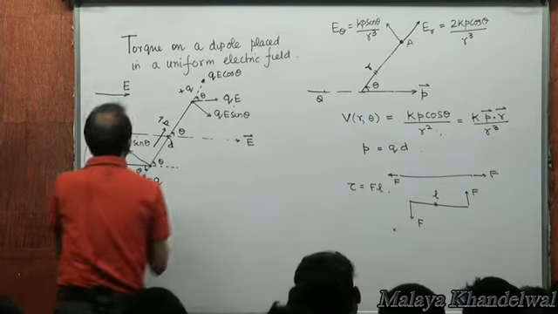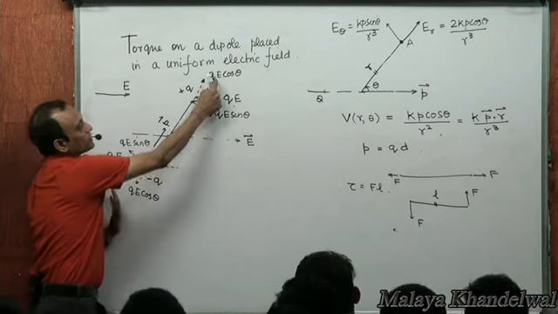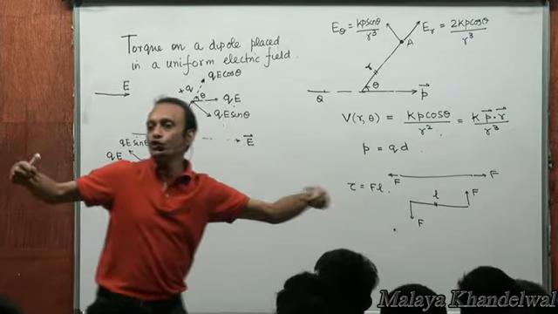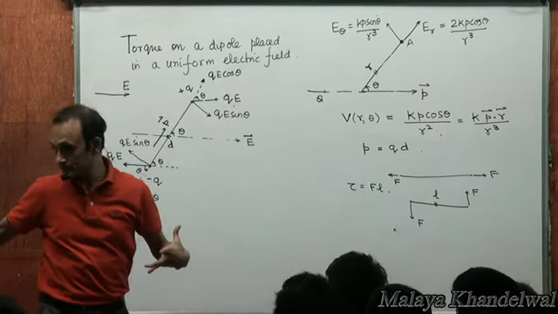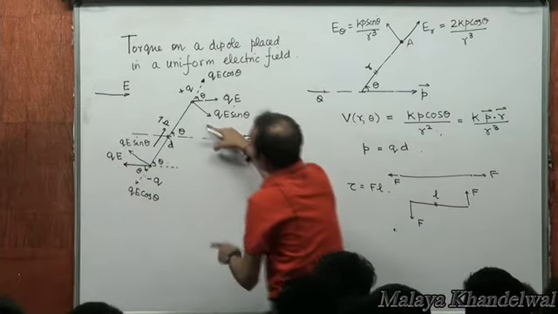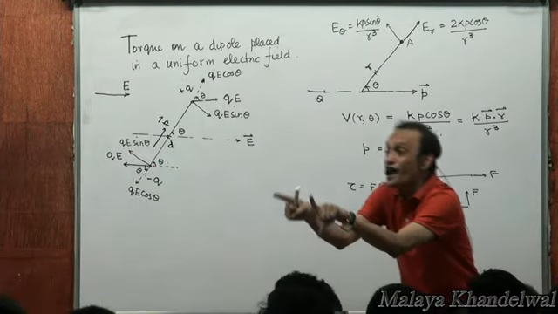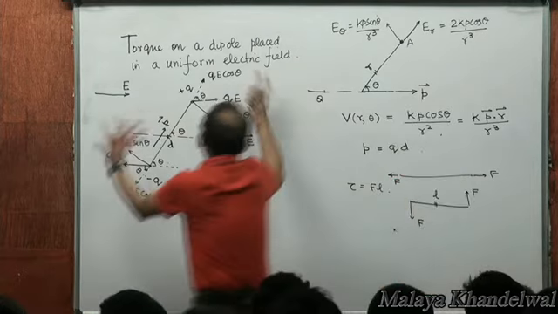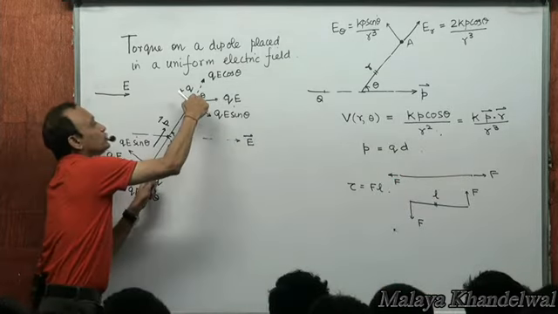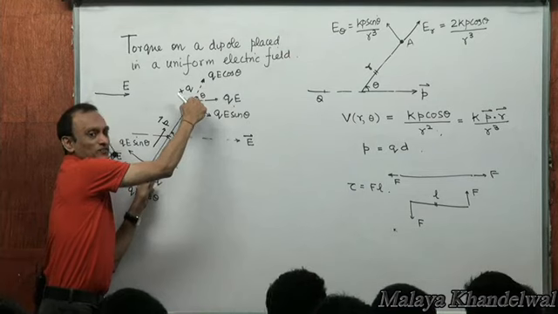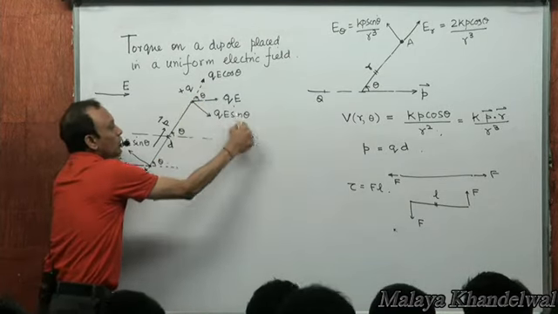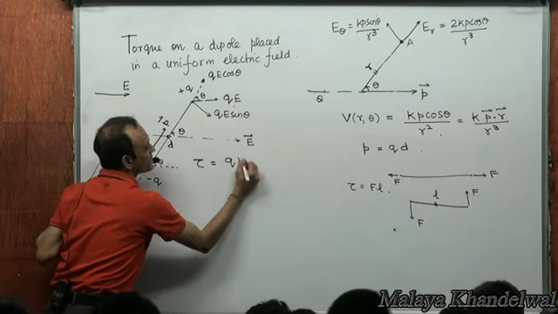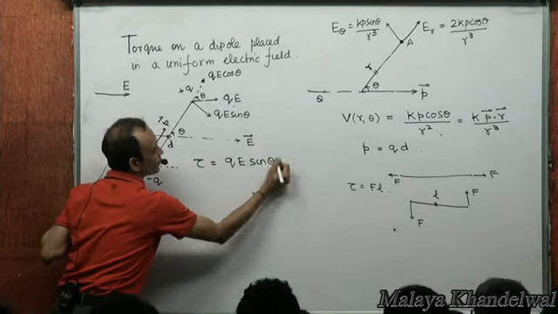So, look at this situation. qE cos theta are like these two forces, longitudinal forces. They produce no torque on the arrangement. But qE sin theta and qE sin theta, they constitute a couple. Yes or no? And the torque of this couple is qE sin theta into d, where the separation between them is d.